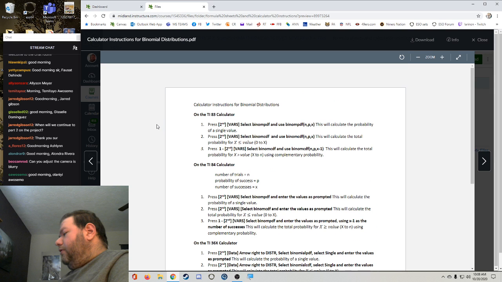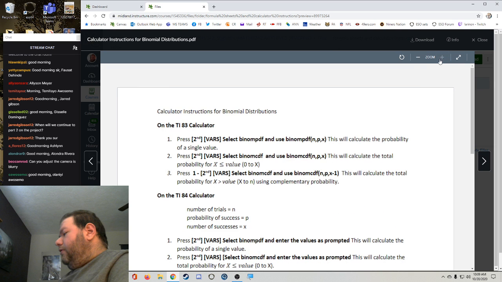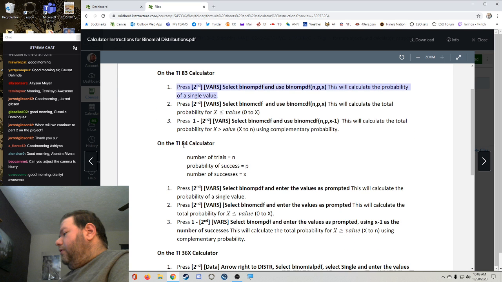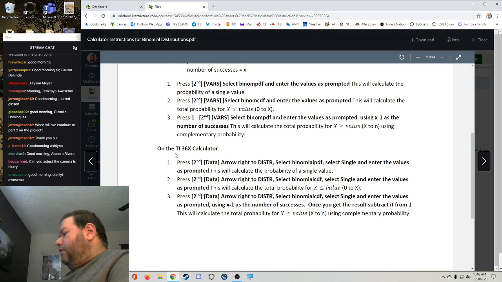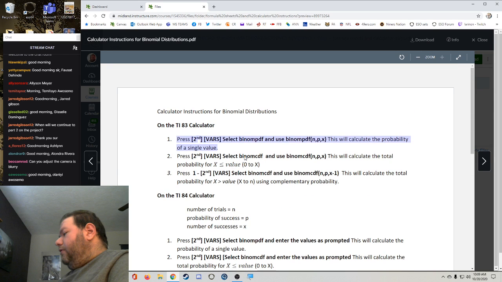On the files section of Canvas, I went ahead and uploaded calculator instructions for binomial distributions. Now, we've only really looked at the first option for each calculator, TI-84 and 36X, and then 83s.